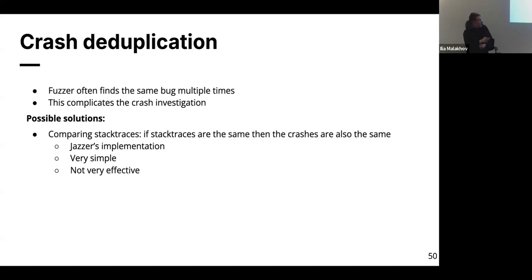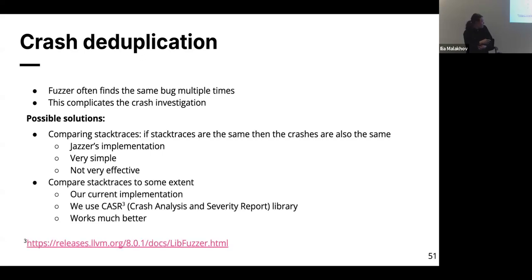However, this is implemented poorly and doesn't work well. For our project, we found a library which can compare stack traces not strictly, but to some extent. It's a very intelligent way, and it works much better.